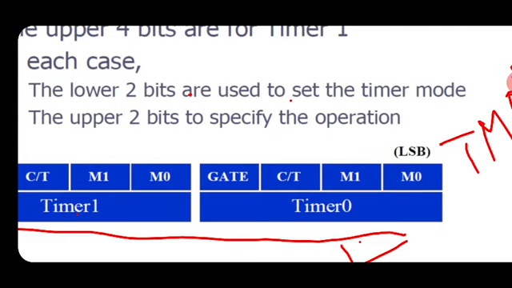The next bit is C/T: either you can use it as a counter mode or as a timer mode, as I told, a timing mode to generate different clock frequencies. And the next bit is GATE. So the lower 4 bits are M0, M1, C/T, GATE, for timer 0.